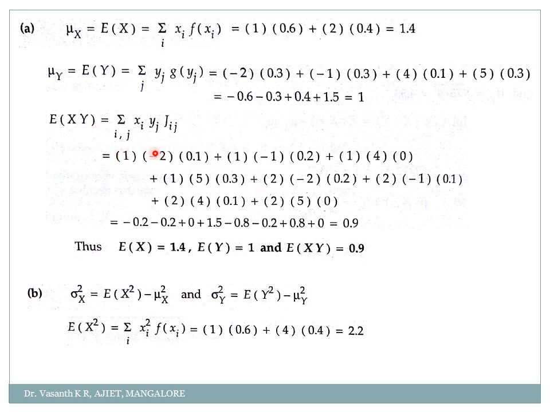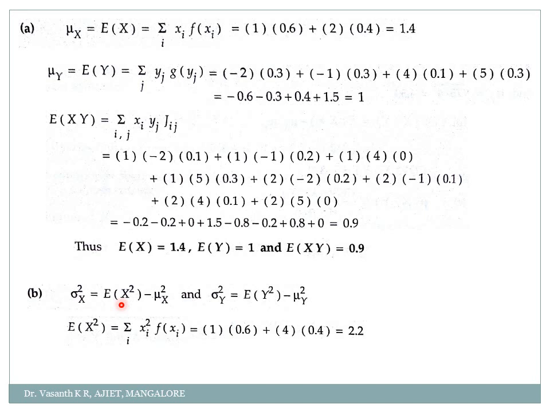So it's like first row first column into its value, first row second column into its value, first row third column's value into its value, and so on. Go on doing, we'll get it as 0.9. So these are your expected values of x, y, and x into y together. Then next they had asked me to find out standard deviation of x and y, correct?